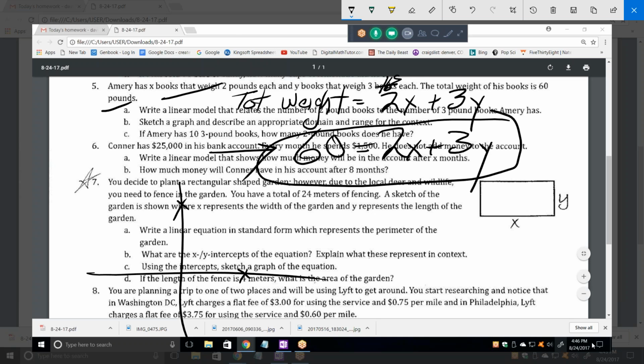X-intercept is 2. No, y-intercept is 3. What is the y value when I'm on the x-intercept? Oh, 0. So plug in 0 for y and solve that for x. 30. That's the x-intercept. Now tell me what the y-intercept is.